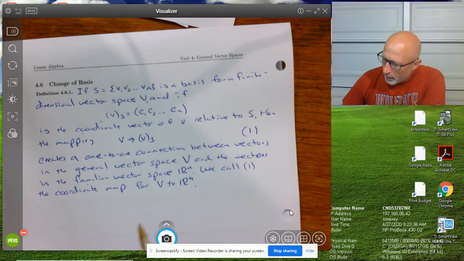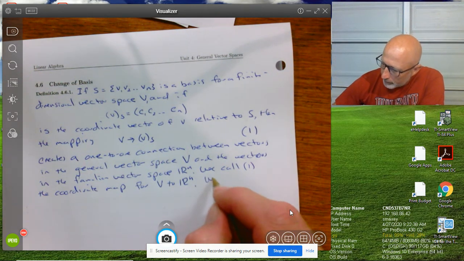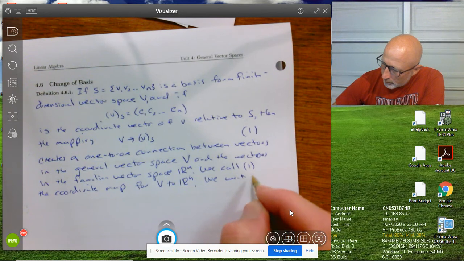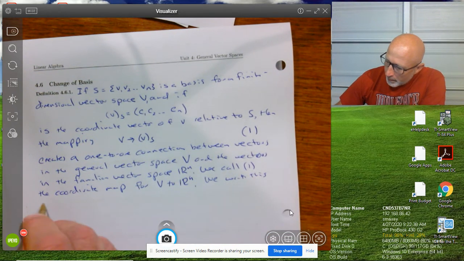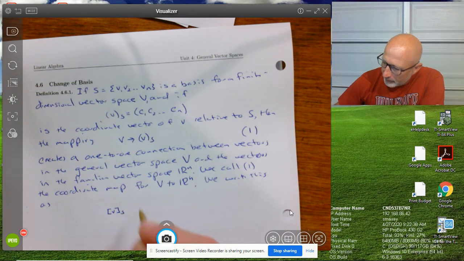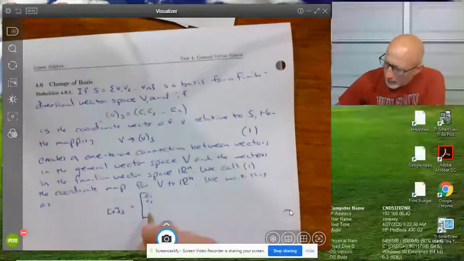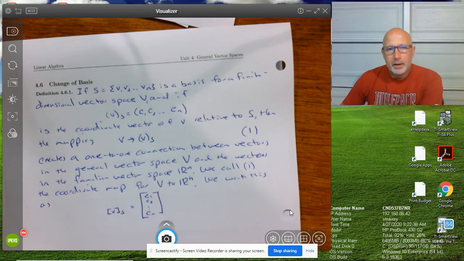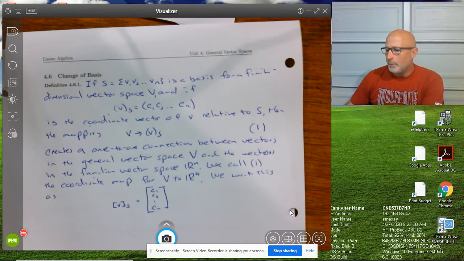So from now on, we write this as the vector V under some basis S given as C1, C2, all the way down to Cn. That's how we're going to write it. We're going to write it as a matrix.